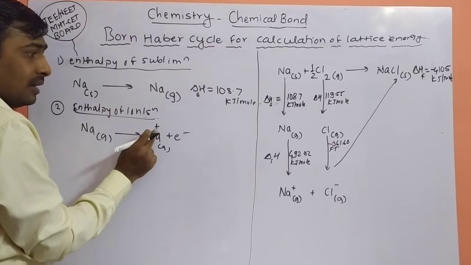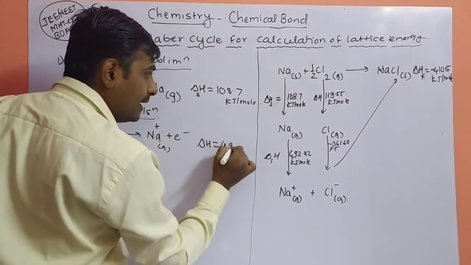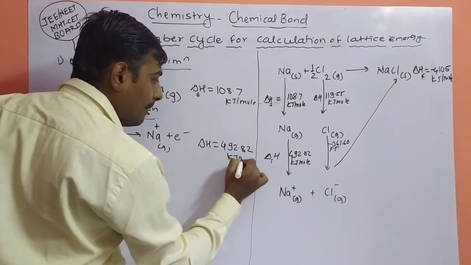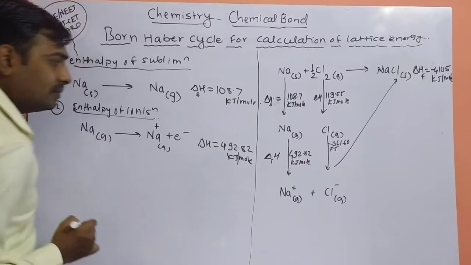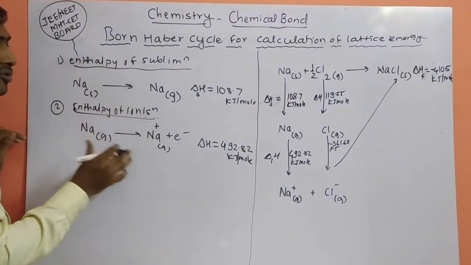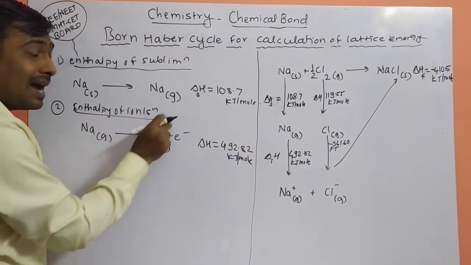The energy involved in this process is delta H equals 492.82 kilojoule per mole. So this is your second energy. This is your first complete process, from solid sodium to the gaseous sodium ion.